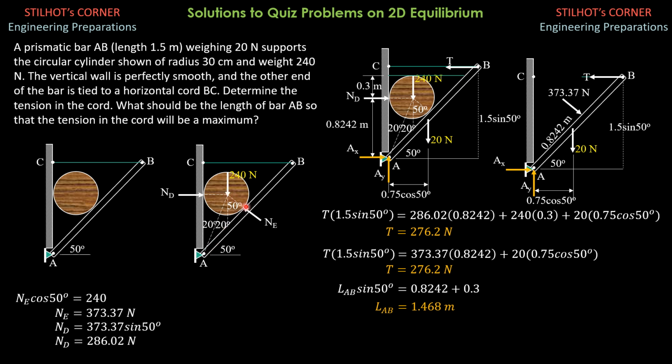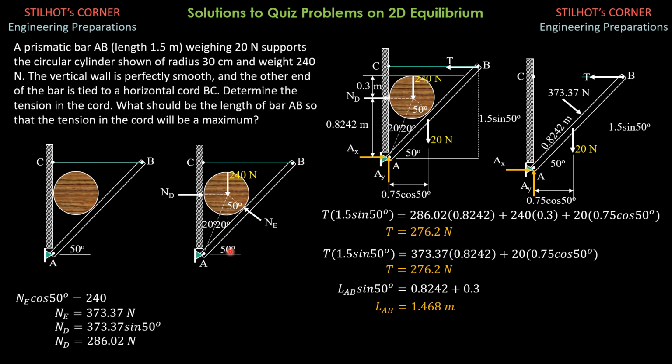Take note, the opposite to 20 is the radius, and the hypotenuse is common from A to the center of the cylinder. That's why here also, that's 20 degrees, this is 0.3, so that distance is also equal to that distance there.